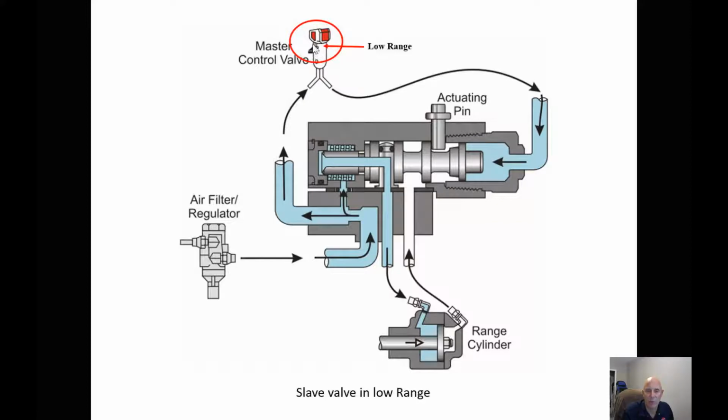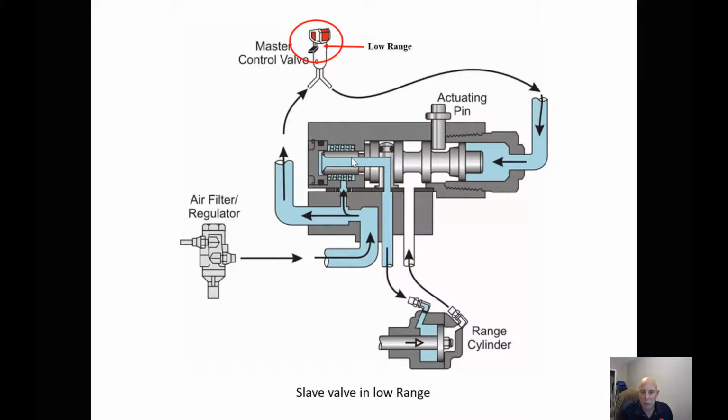Now remember, the one that's the big one on the front is our high-low range. Now air there, when it's in low range, goes to the back side of the actuating piston, and we have an actuating pin. Now the actuating pin is the one that's in the transmission. Anytime the transmission is in any gear, this actuating pin is in this position, blocking the spool valve from moving.